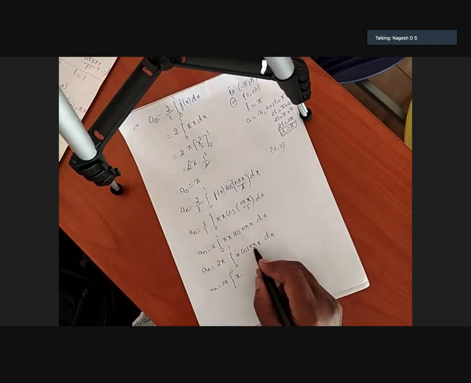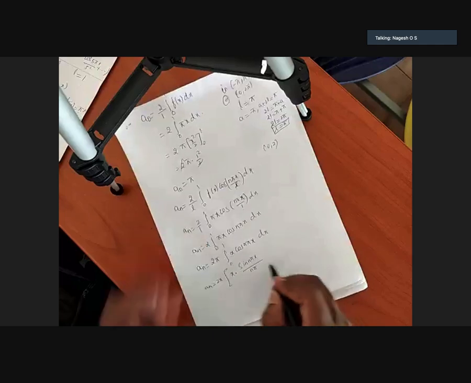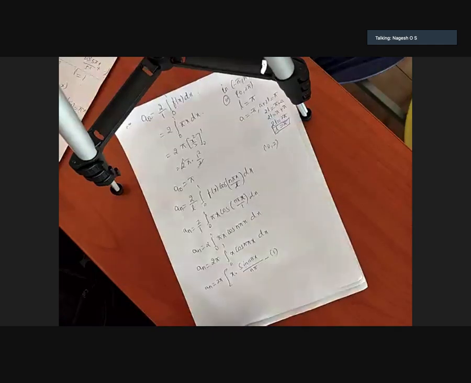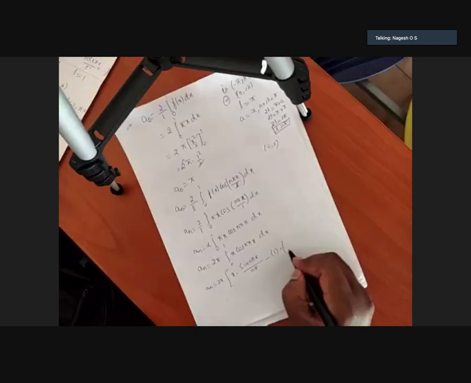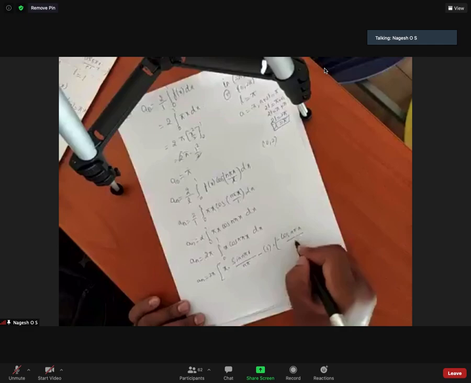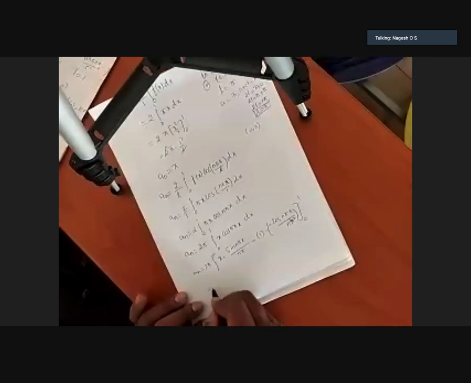X as it is. Integration of this is sin n pi x by n pi, minus differentiation of this, 1, into the integration of this, minus cos n pi x by n square pi square, between 0 to 1.